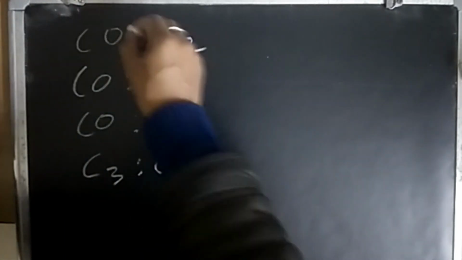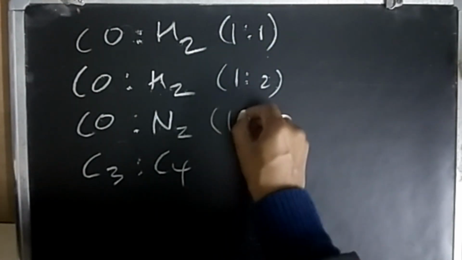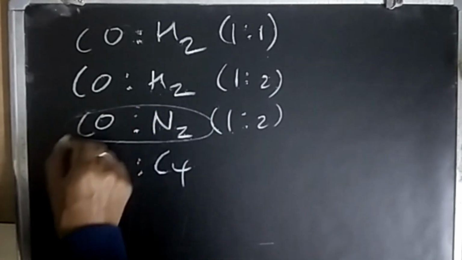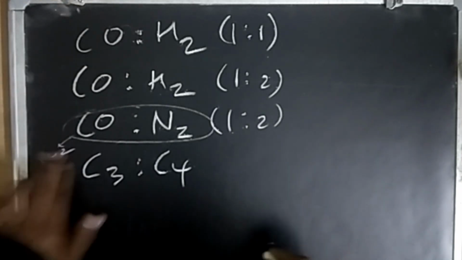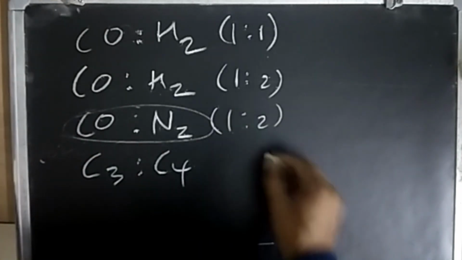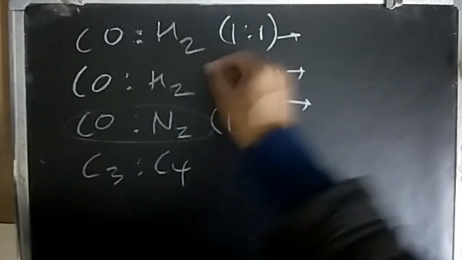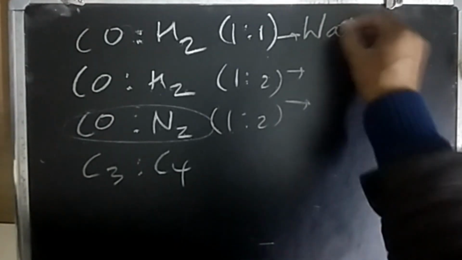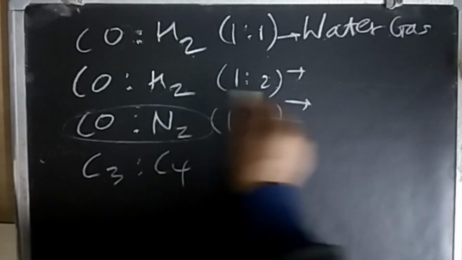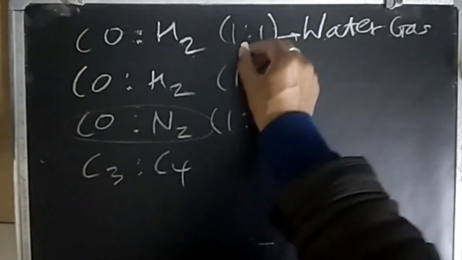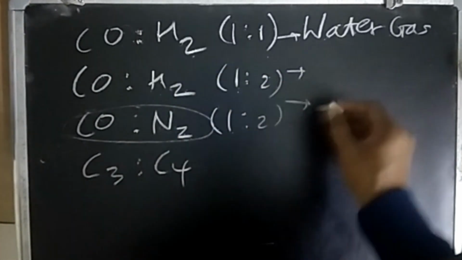If the ratio is 1:1, or 1:2, in this there is also CO2, but mostly 1:2. Let me tell you their names first. The 1:1 is water gas, like H2O, that is the trick to remember the 1:1 ratio. 1:2 is not like H2O.